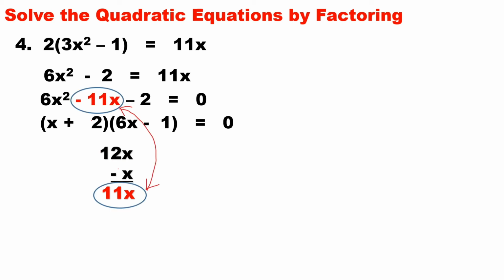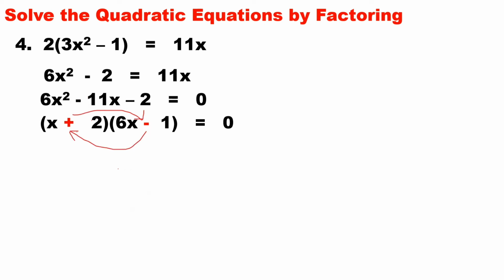Since 11x is the opposite of the middle term negative 11x, the operations will be reversed. Plus will become minus and minus will become plus. This time, the factor combinations x quantity x minus 2 and quantity 6x plus 1 are now the correct factors of the quadratic equation.